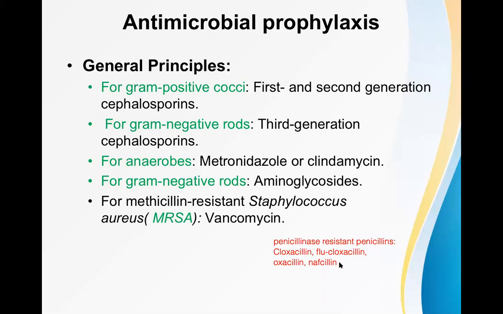That is a combination of amoxicillin and clavulanic acid. This is also a good example of penicillinase resistant type of penicillin. You should always tell that name. Only amoxicillin is not a penicillinase resistant penicillin. If you combine clavulanic acid there, then it is a good one. Let's move on.